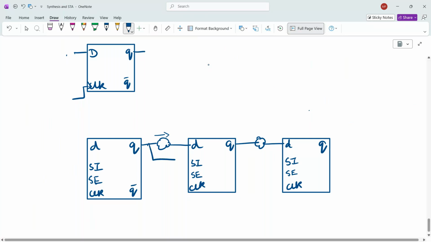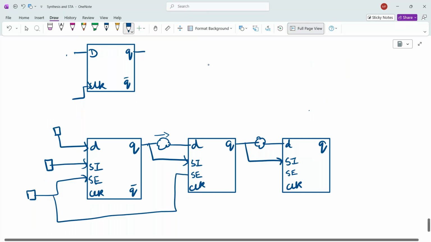When it is working in test mode, the scan input will work. Here the scan input is having certain inputs, and D is going to have some other input, right? There is one scan enable pin here.